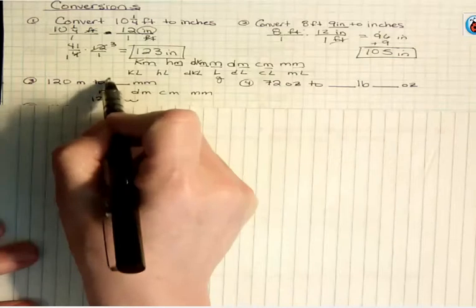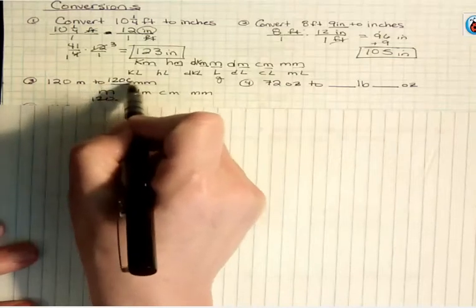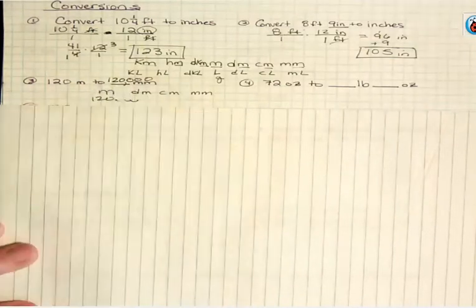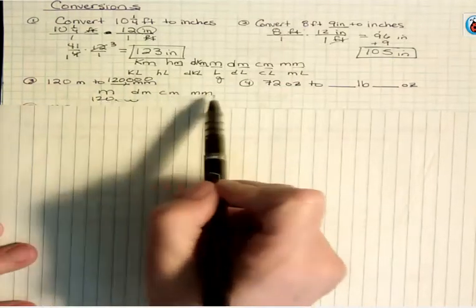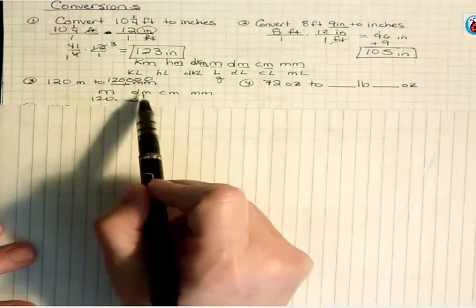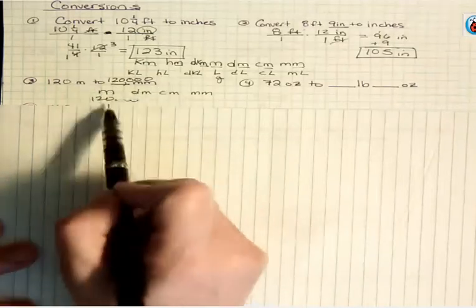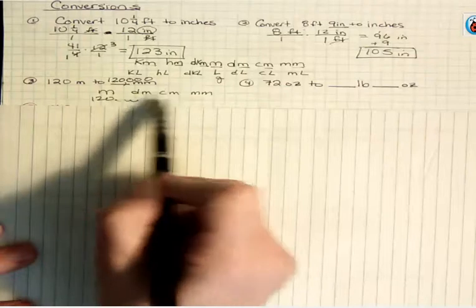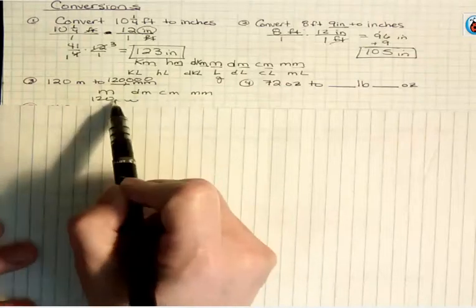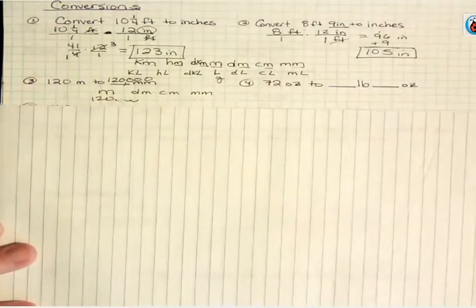So we have 1, 2, 0, and then 1, 2, 3 more zeros to get to millimeters. So you just move your decimal point 1 place for each place in the chart, because each place represents times 10 or divided by 10. And so when you're moving to the right, you're multiplying by 10 each time. So by multiplying by 10 3 times is 3 decimal places.